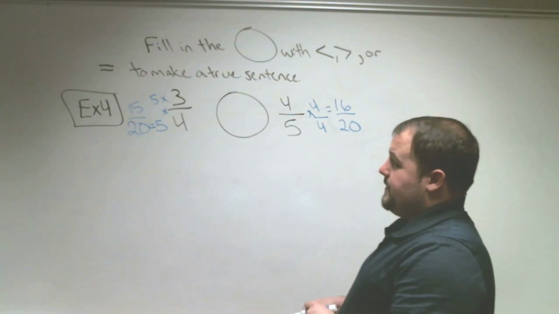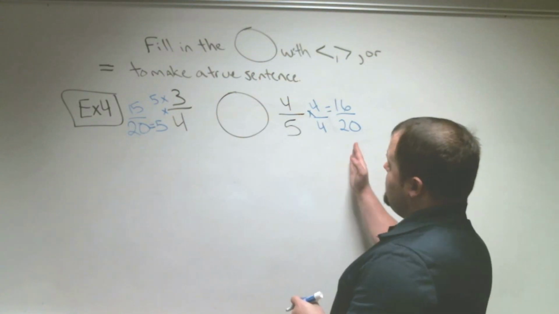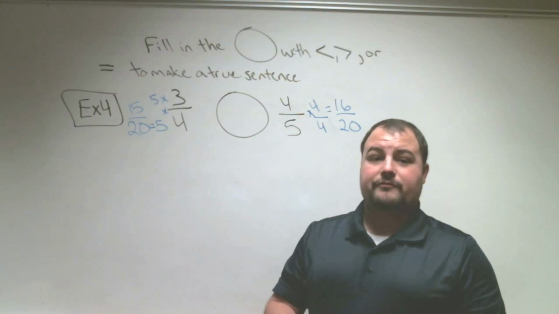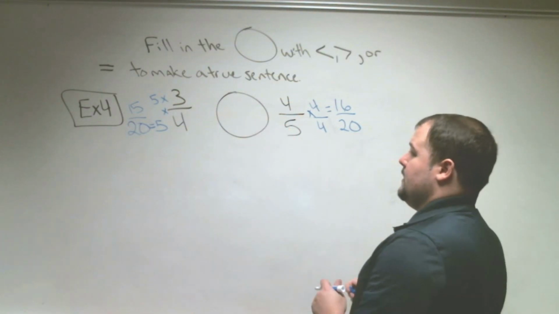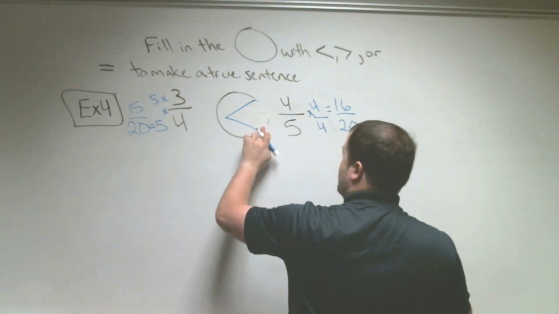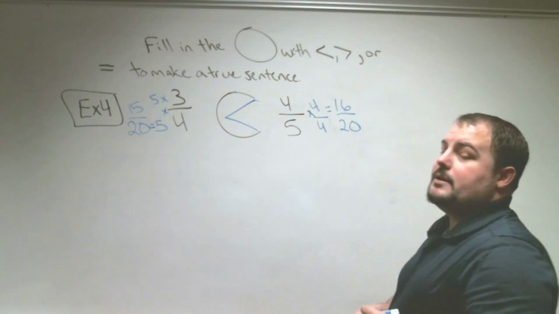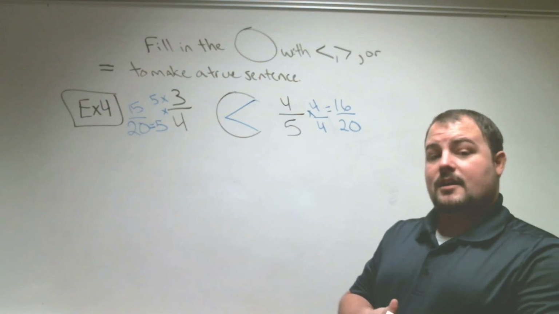So, which one's bigger, 3/4 or 4/5? In this case, 16/20 is more than 15/20. So 4/5 has to be bigger than 3/4. And I know that Pac-Man eats the bigger number, so my answer would be something like this: 4/5 is bigger than 3/4.